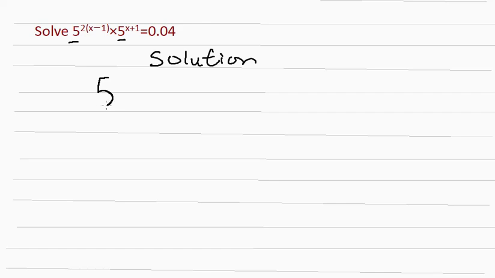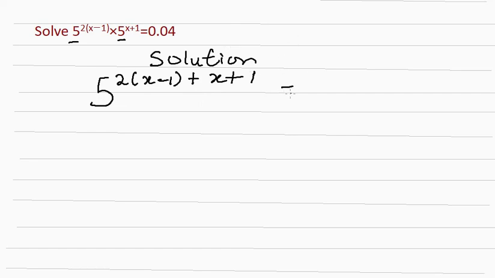So this is going to be 5 raised to the power of 2 into x minus 1, then plus x plus 1. This is the addition law of indices, in which you know very well that all you just need to do is to write one of the base, then you now add the powers.